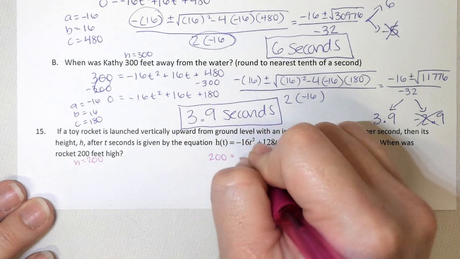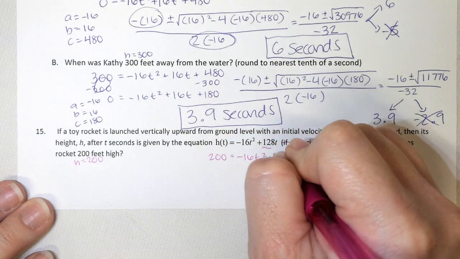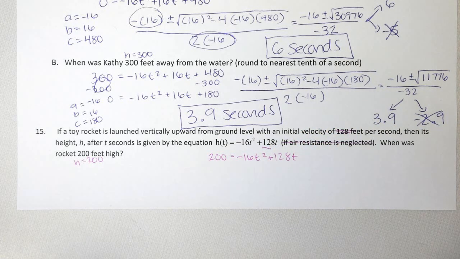So 200 equals negative 16t squared plus 128t.